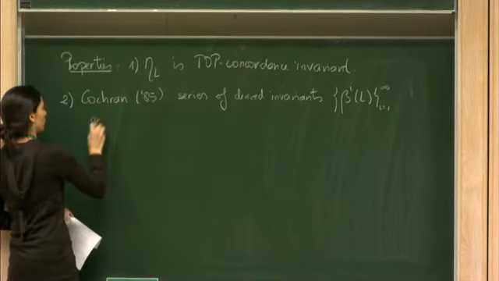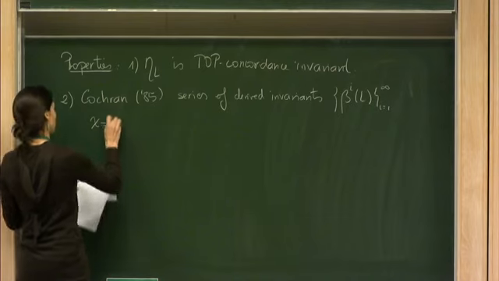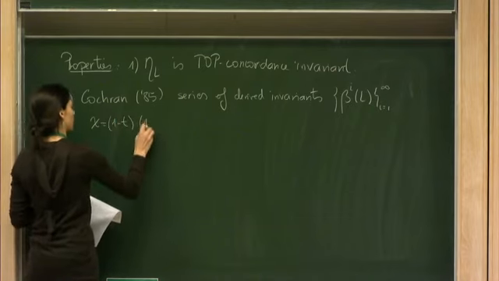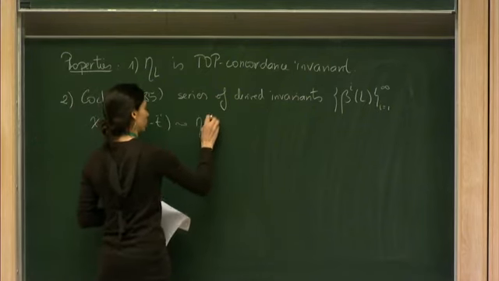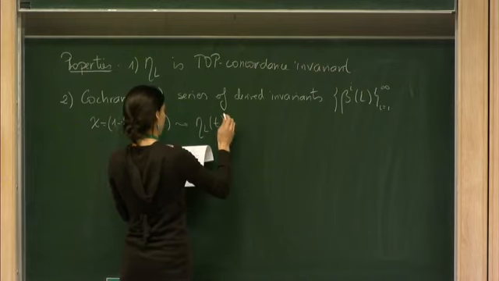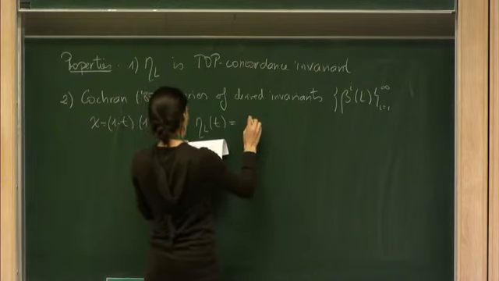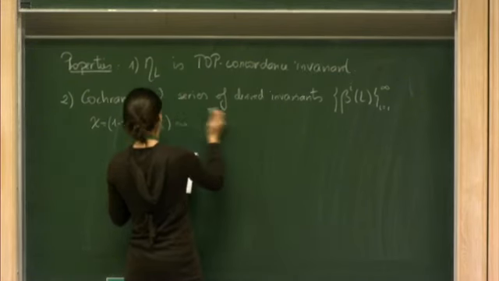So if you do this little change of variable, you call x 1 minus t times 1 minus t minus 1, then it turns out that the eta function in the variable t equals, well, let me write it like this.